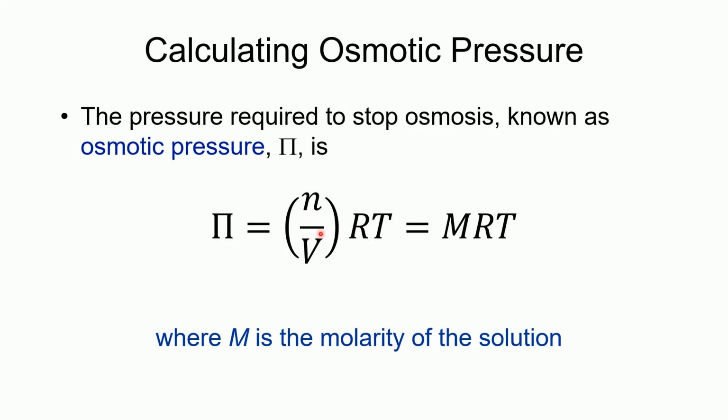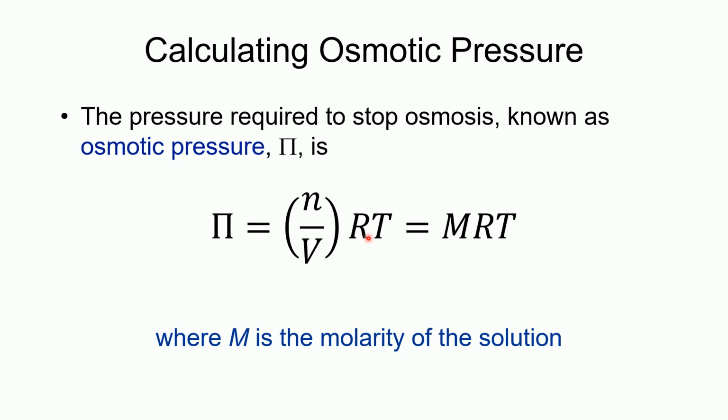Well, if we want the number of moles divided by the volume, that is also equal to the concentration in molarity. So we can write this equation in either of these two manners. So I'm going to write that as uppercase pi is equal to n over V times RT. And we'll use that here in just a few minutes.